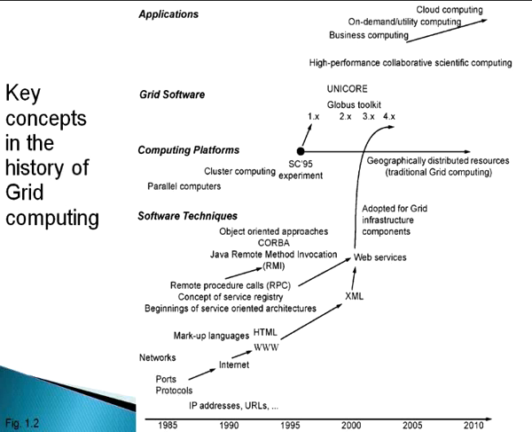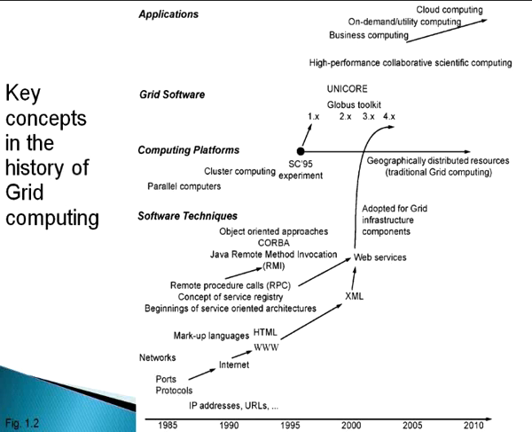You can see here the geographically distributed resources, UNICORE, the Globus toolkit, grid computing applications, computing platforms, software techniques, networks, and the application of on-demand utility computing, and lastly going up to cloud computing.